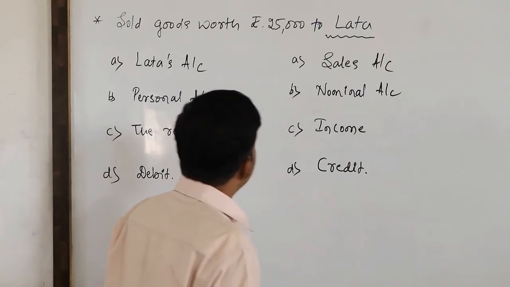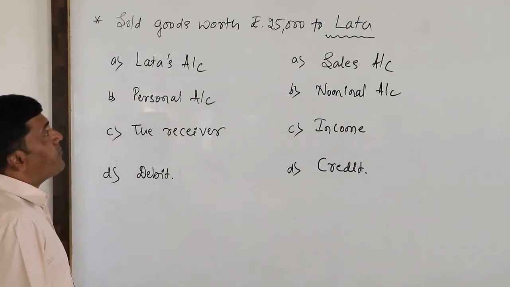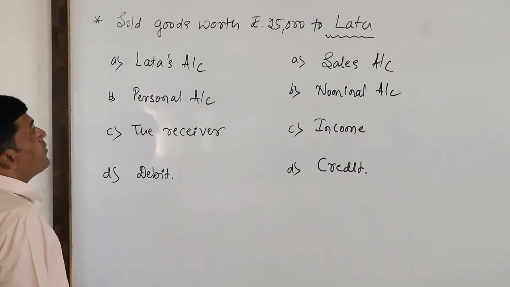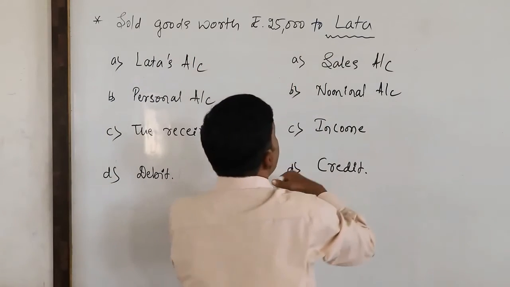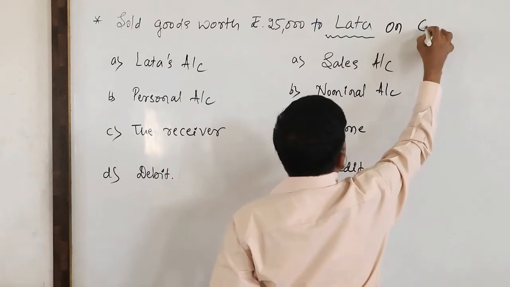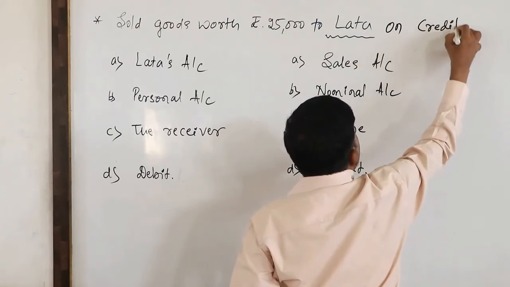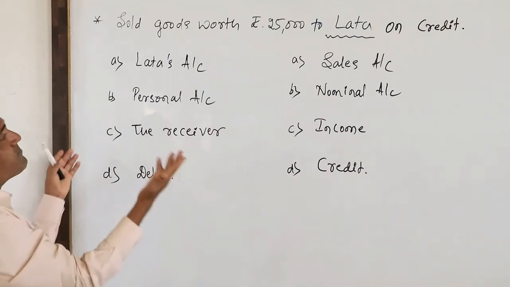So now we have completed 2 examples on sales. Now I am going to add one more example. Sold goods worth rupees 25,000 to Lata on credit. This is also the same sentence, dear students.